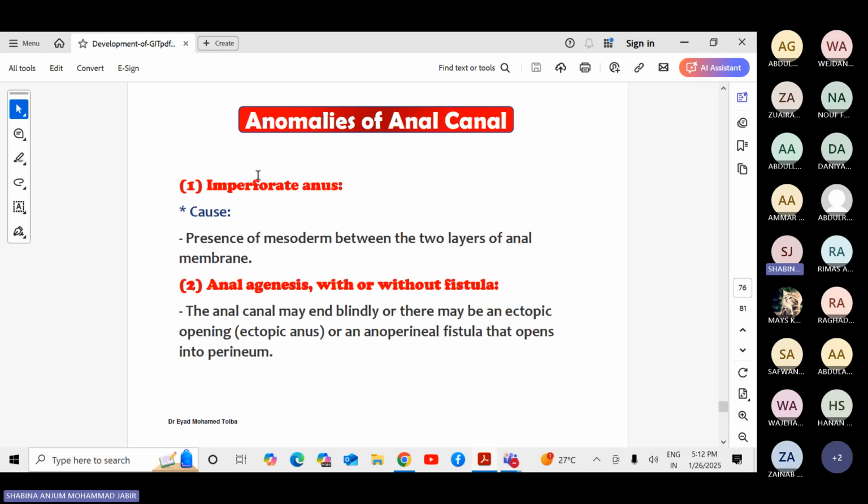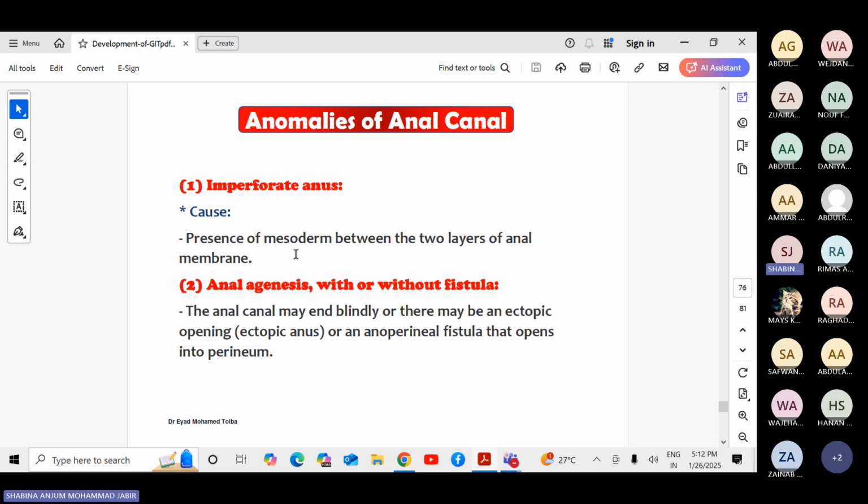Imperforate anus could be one of the causes. It is due to the presence of mesoderm between the two layers of the anal membrane. Here also the baby will come to you having not passed the meconium. Anal agenesis could be with or without fistula.